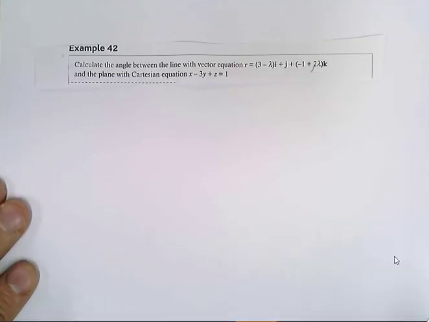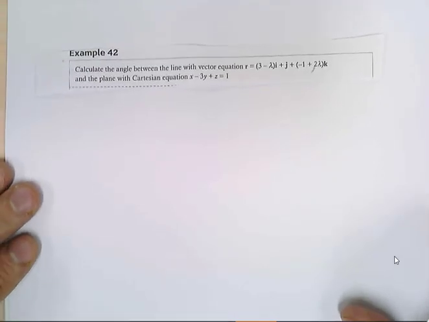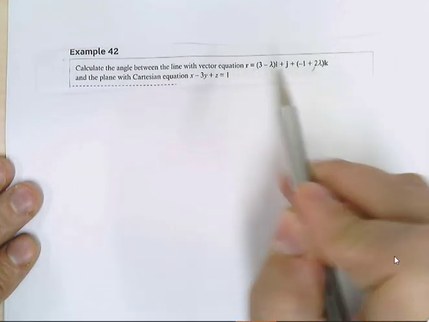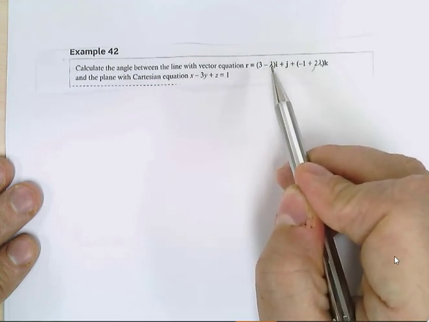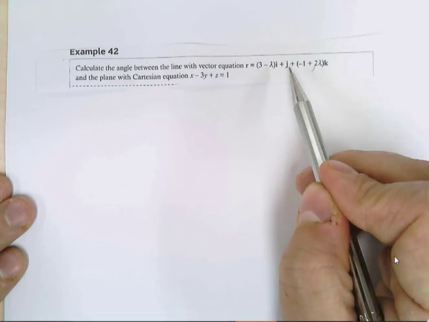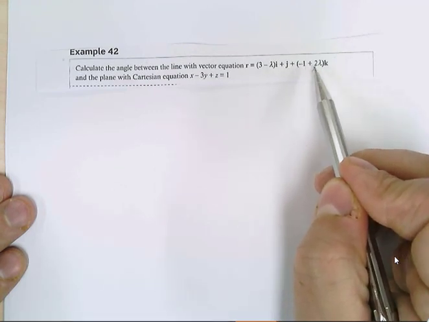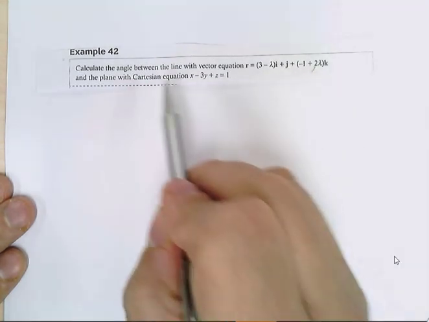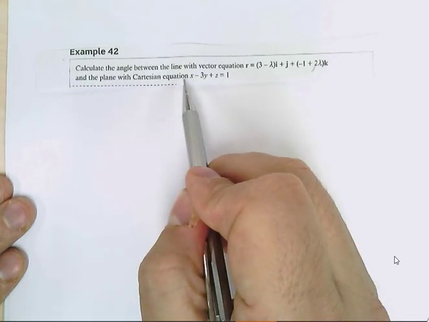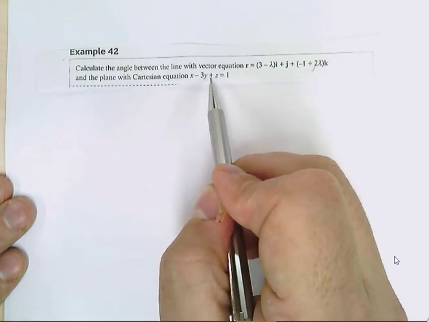All right, here's example 42, and it says calculate the angle between the line with vector equation r equals (3 minus lambda) i plus j plus (-1 plus 2 lambda) k, and the plane with the Cartesian equation x minus 3y plus z equals 1.